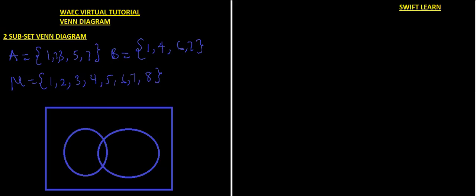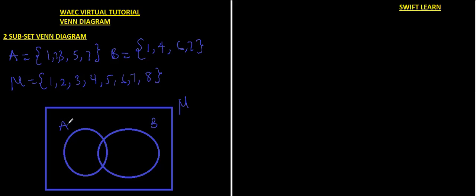Okay, so now this is the universal set U. This is my A, this is my B. Are you listening now? Now I'll be teaching you the denotation. I would have gone straight to that, but we'd just be wasting our time if you don't see the application of it directly. So please listen to the next things I'll be saying. They are so important for your understanding of this Venn diagram for two subsets.